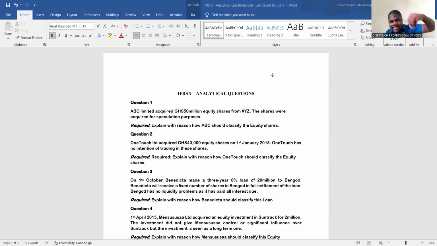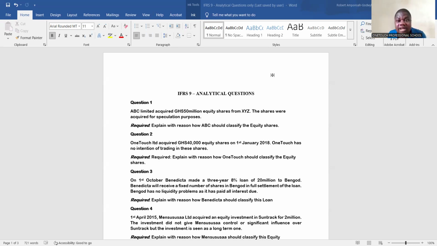So if the question says that, you can also say that where the entity has a policy of recognizing financial assets at fair value through P&L only when it is compulsory, then it should be measured at fair value through OCI. And there should be an irrevocable election to do so.